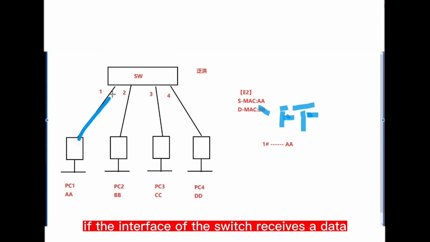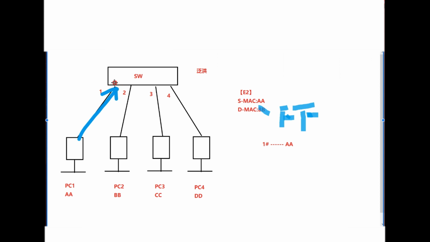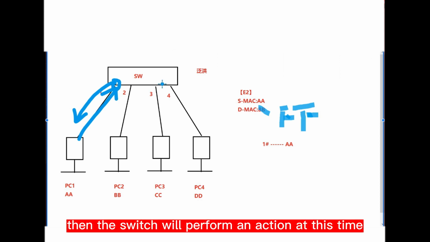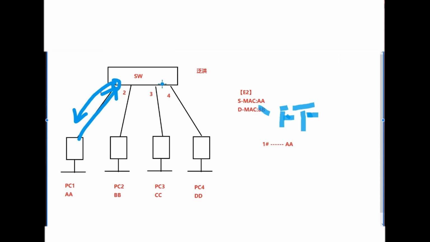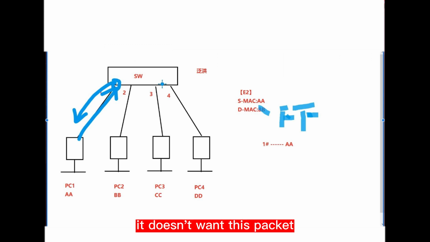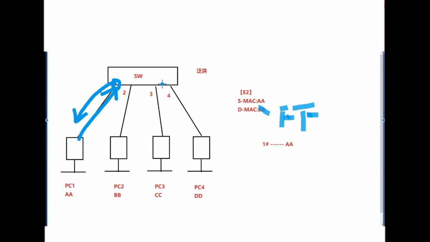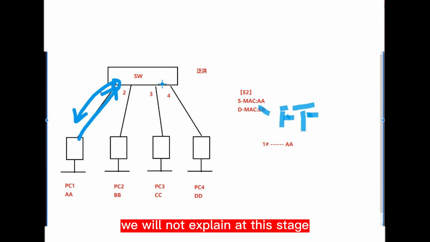I will make a simple explanation. If the interface of the switch receives a data, and it finds this data needs to be sent out from this same interface, then the switch will perform an action called discarding. It doesn't want this packet. Under what circumstances would such a behavior occur? We will not explain at this stage.